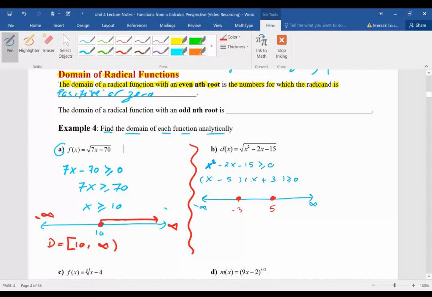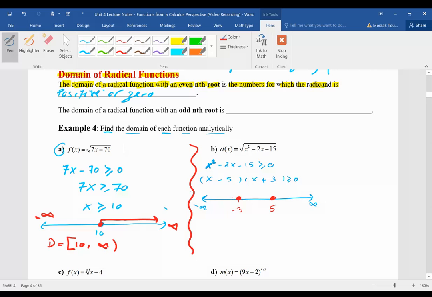Now we want to determine where the product is positive and where it is negative. Of course, we consider only the positive because we want this to be greater than 0. We're going to choose a value in each of these intervals: from -infinity to -3, from -3 to 5, and from 5 to infinity.